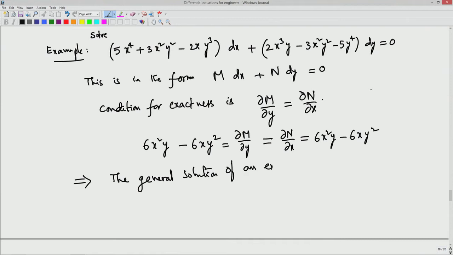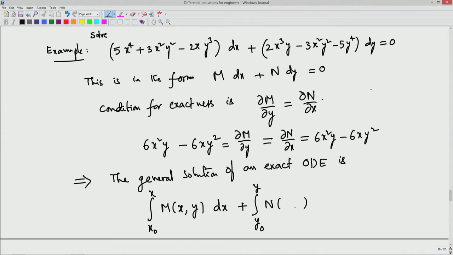The general solution of an exact ODE, as we have seen, is the integral from x0 to x of M dx, with respect to x keeping y as a variable, plus the integral from y0, which is a fixed number in the domain of the differential equation, to y of N(x0, y) dy, where x is fixed at x0, equal to a constant.